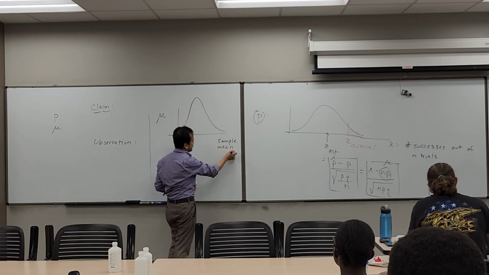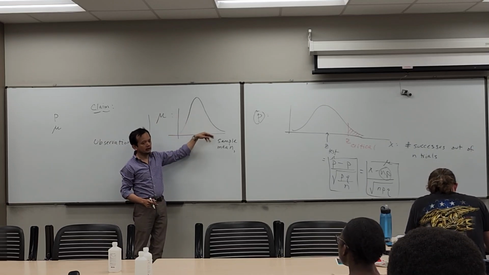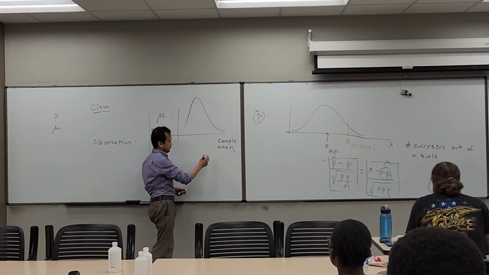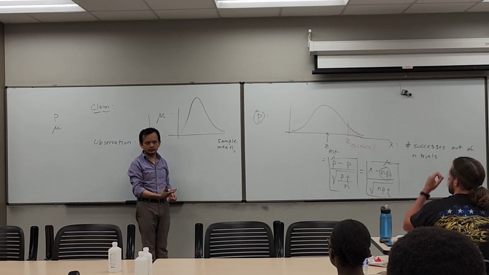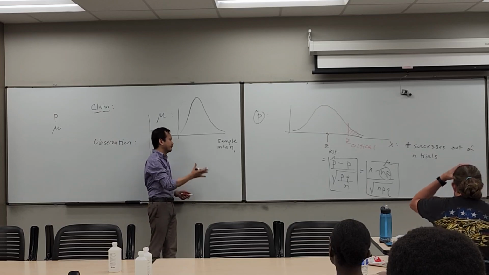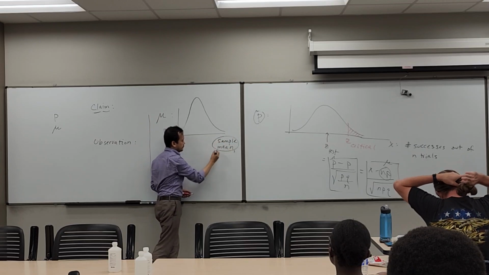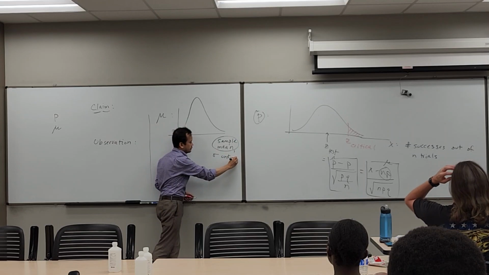If it was just the sample mean, a distribution of sample means would be a bell curve, but that's only in the case where sigma is known. But to know sigma, a population measurement, in real life is actually not feasible. So this is a distribution of sample means when sigma is unknown, and you only know the sample characteristics.